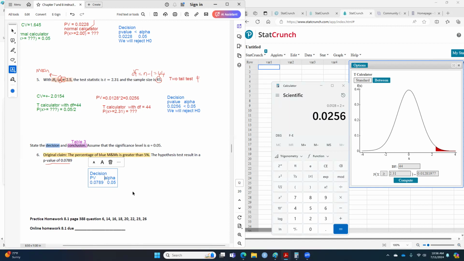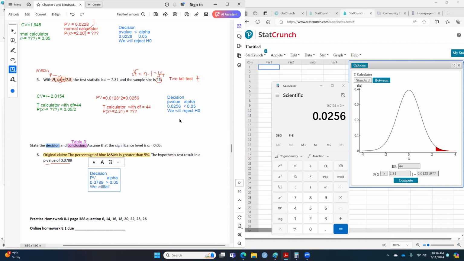Okay. So in this case it is a little bit different story now, because 0.0789 in this case is greater than 0.05. So the decision here is we will not reject.